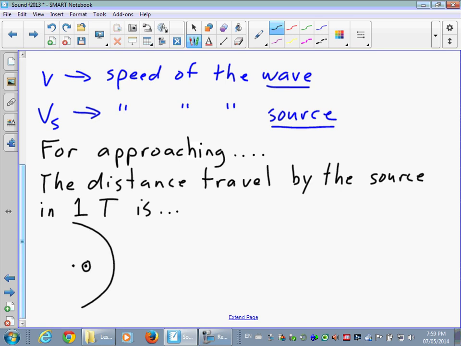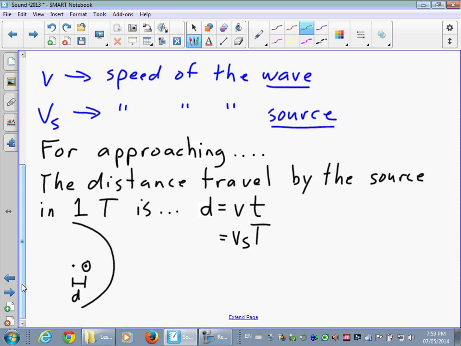So this distance that the object travels, we know that d is equal to v times t. Well, the object is traveling at Vs, that's the speed of the source, and it's doing that for one period, so the time is T. So that's how far the object travels. That's d.